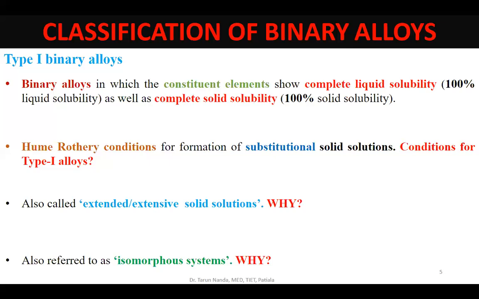So solvent, solute, and their solid solution will have the same crystal structure. Iso means same, morphous means structure. So because when type 1 systems get formed, the solute, the solvent, as well as the final solid solution have the same structure, they get this name, isomorphous alloy systems.